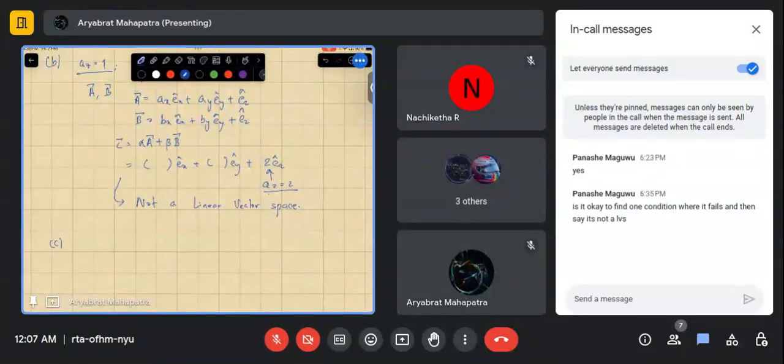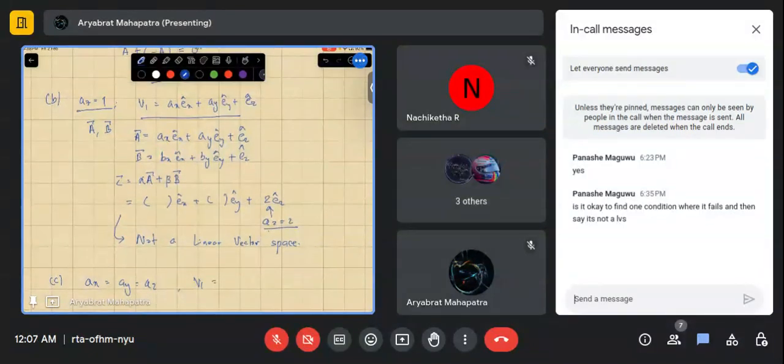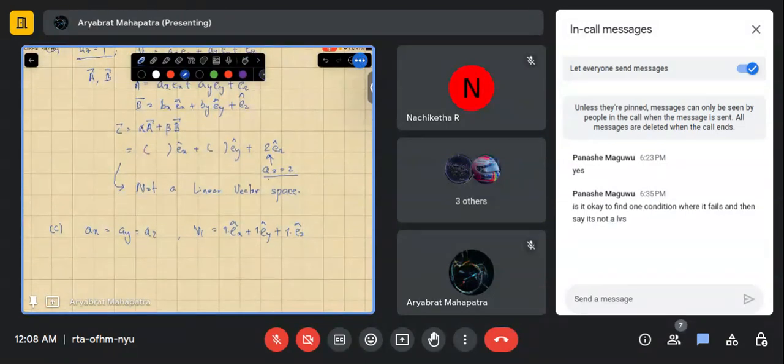In that case, you will have this V1 as something like, I've taken this as x, y, az to be one, or you can take any number that belongs to R. That is what we started with.